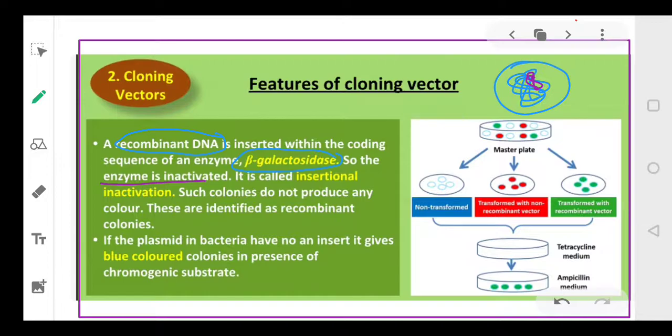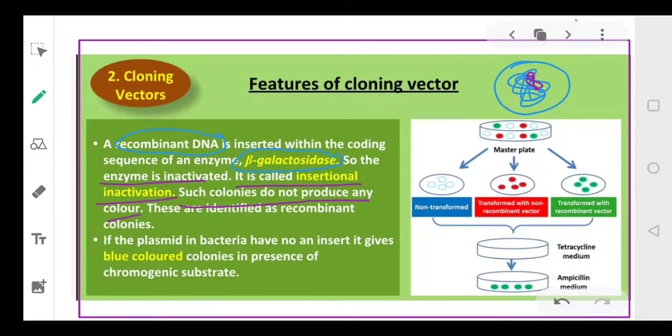But now because we have inserted a recombinant DNA, that portion of DNA will not produce the enzyme. Now this particular phenomenon is called insertional inactivation. कि अगर किसी particular DNA के अंदर कुछ भी insert करने से वो अपना काम बंद कर देता है, it is not able to function well. So this particular insertion is called insertional inactivation. Now because of this insertional inactivation, these colonies will not produce any color.